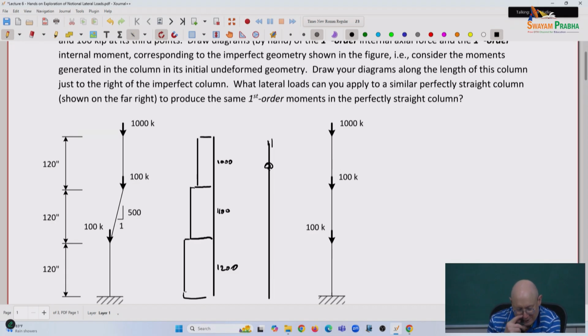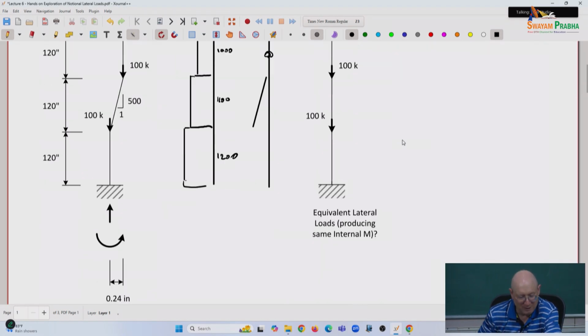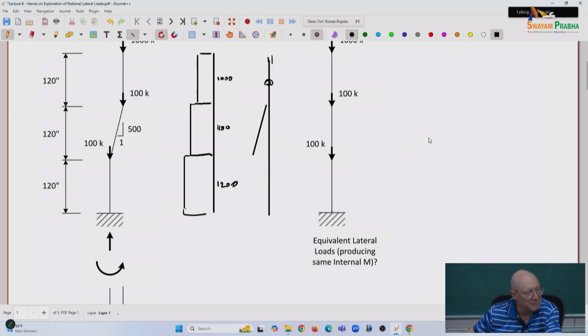But now, when I get to the next level, I have a 1 in 500 out of plumbness. So I start at 0, but I end up with a value that, for a 120 inch height, gives 0.24 inches out of plumb between the top and the bottom.